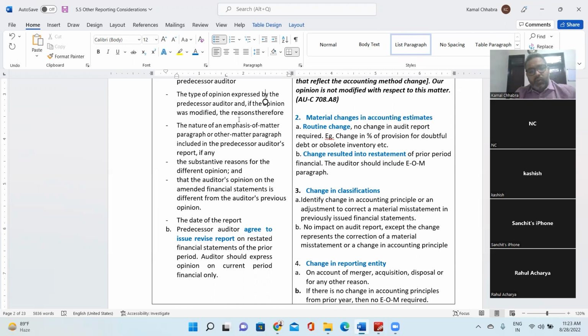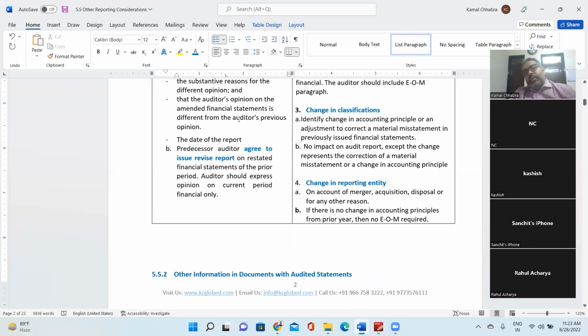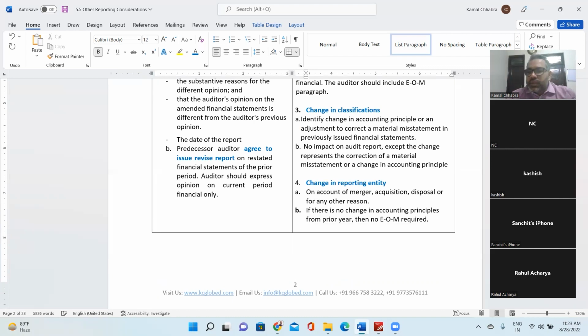So those things you need to mention over here. If the predecessor auditor agrees to issue the revised report, then restate the financial statements of the prior period, and the auditor should express an opinion on the current period. So it is not required to mention anything from the previous year. Make sense? Yes, no?